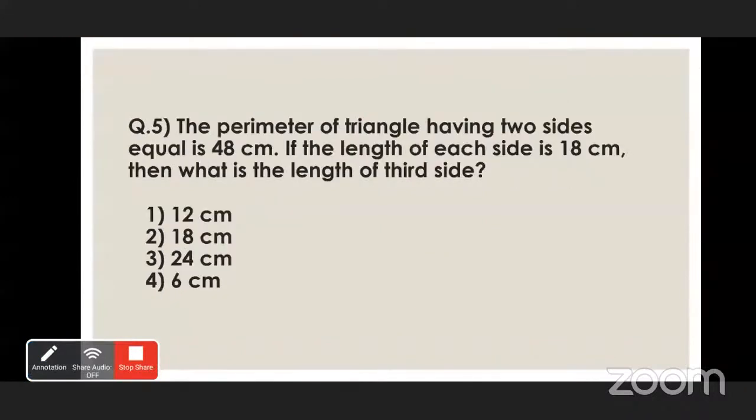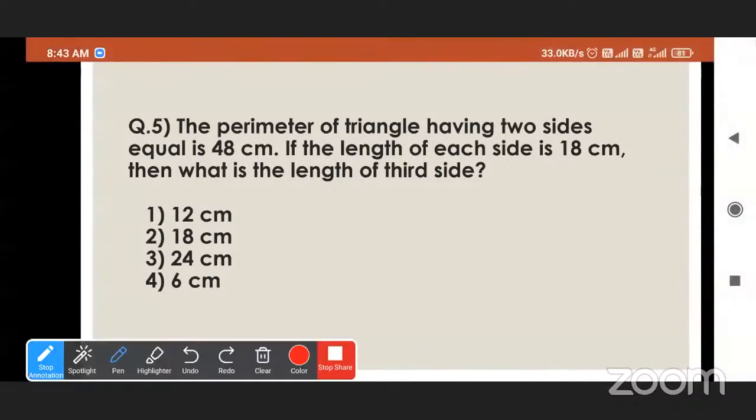Okay, this is the last question. The perimeter of triangle having two sides equal is 48 centimeter. If the length of each equal side is 18 centimeter, then what is the length of third side? See here, the perimeter is given. Here two sides are equal, 18 centimeter.